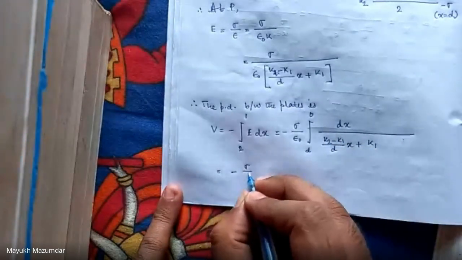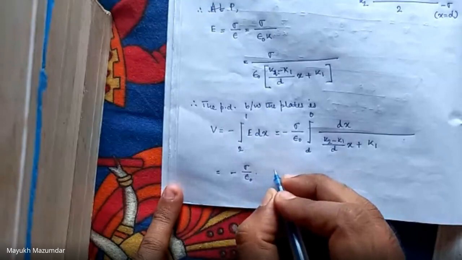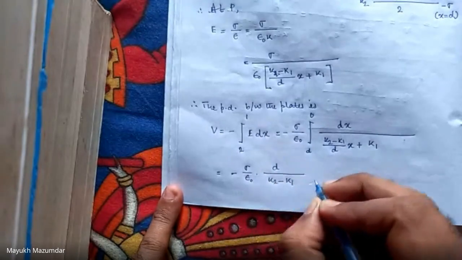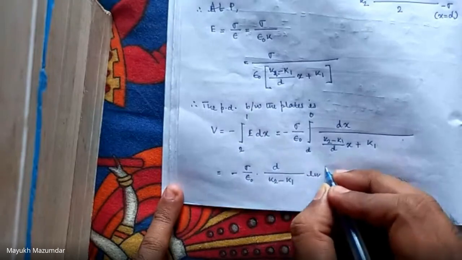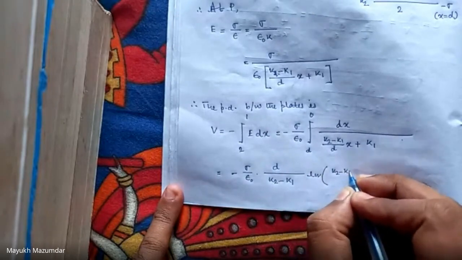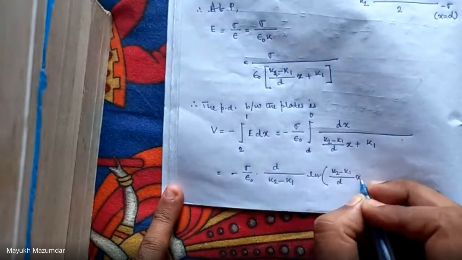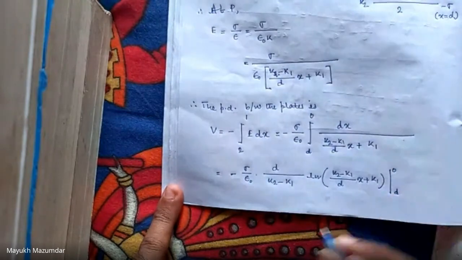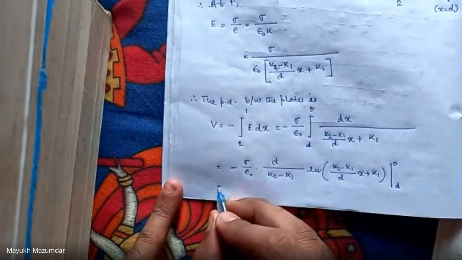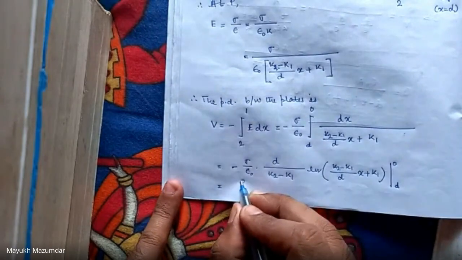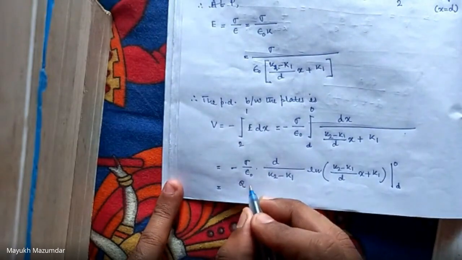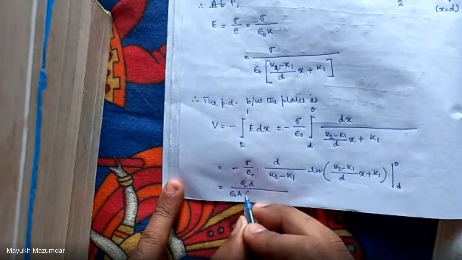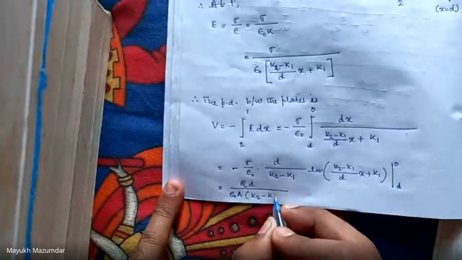So the result would come like this. The limit is from d to 0. And if we put the value of sigma, we would get something like this.